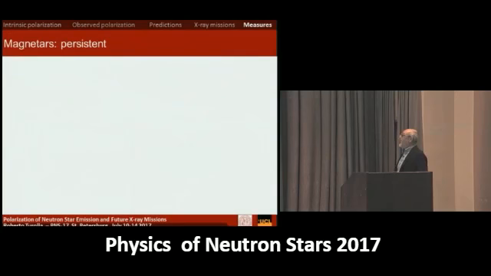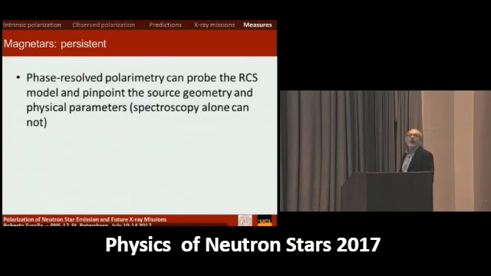So finally, what we will measure when the X-ray polarimeters hopefully will fly. Well, at least one will fly. First let me say that phase-resolved polarimetry can probe the resonant Compton scattering model for magnetars and pinpoint the source geometry and physical parameters, which is one thing, especially talking about the geometry, that spectroscopy alone cannot do.